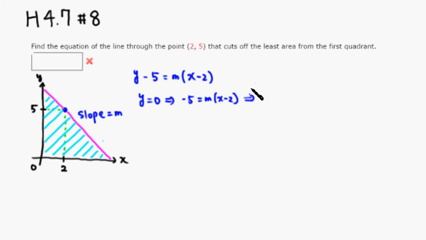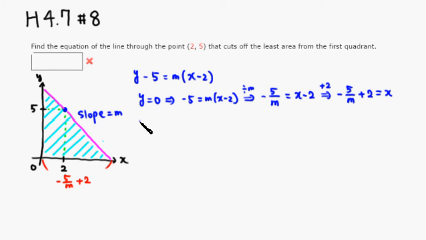Then we divide through by m to get negative 5 over m is equal to x minus 2, which means that adding 2 to both sides, x is equal to negative 5 over m plus 2. So this is the base. Alright, how about the height?